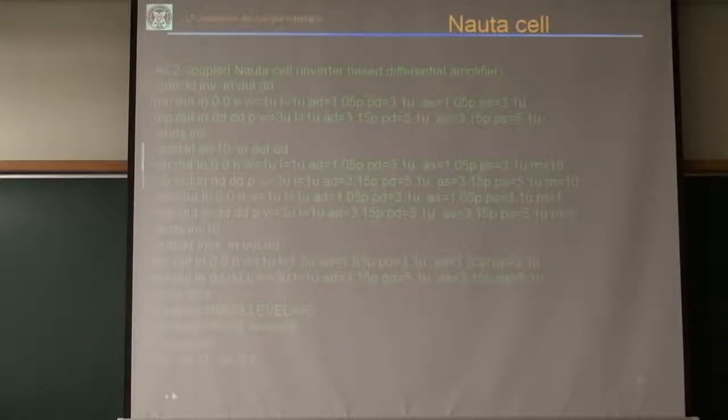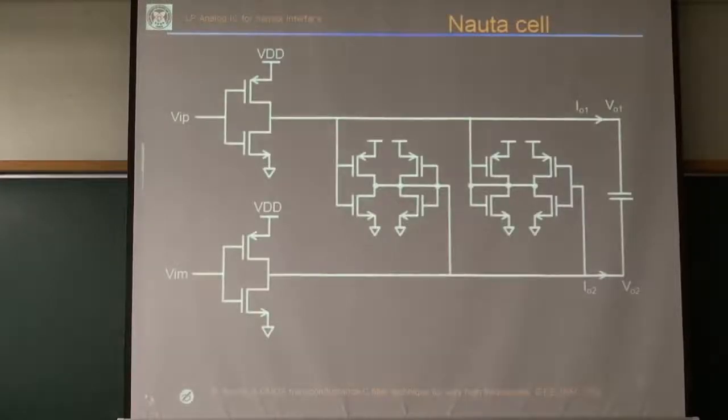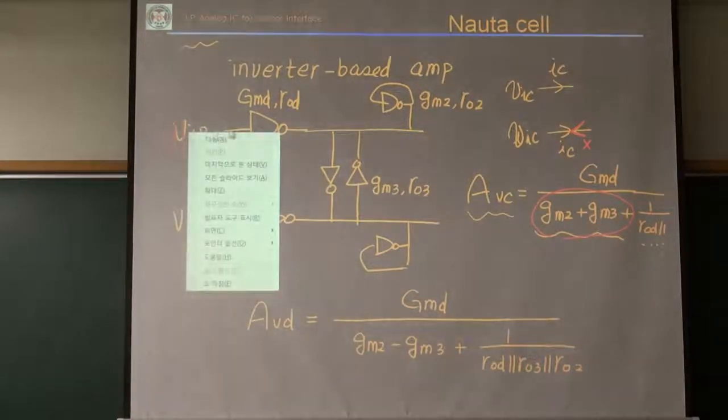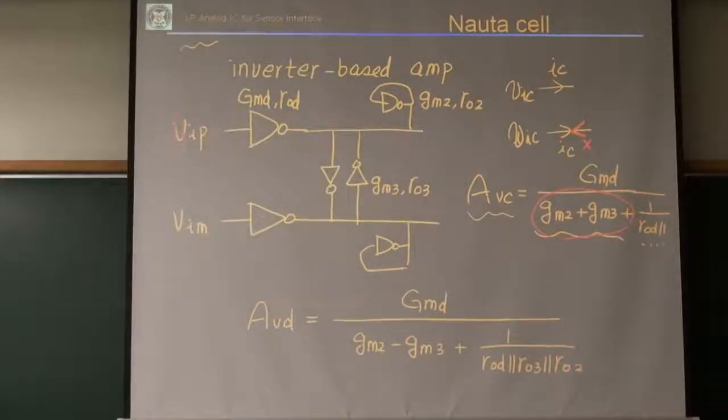So let's do some more simulation of this nota cell. Say we used some AC coupling. This AC coupling means, here I use the capacitor coupling, and then I may need some DC biasing.